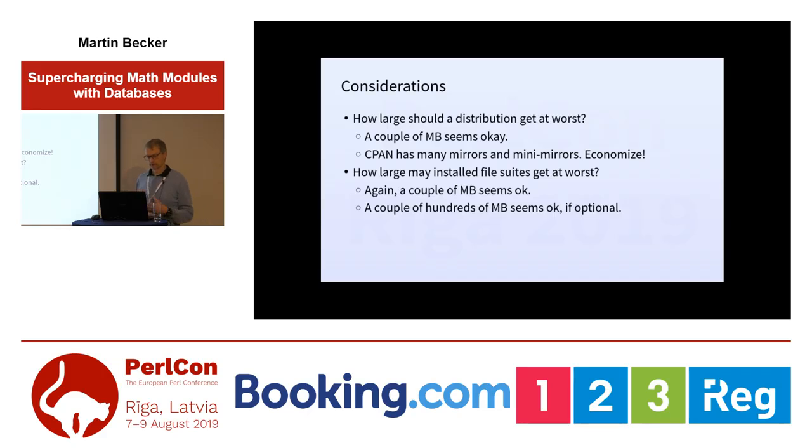Everybody should have that much spare storage for your module. A couple of gigabytes would not seem okay, especially in light of the fact that CPAN is mirrored, thank you, thousands of times.